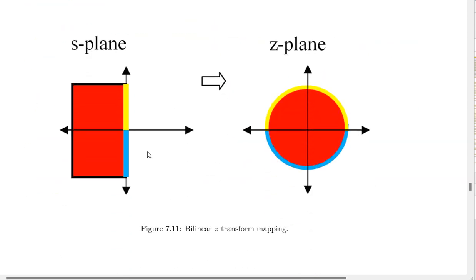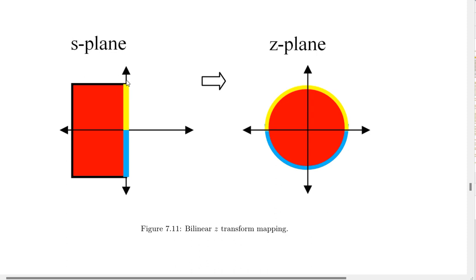Now this time everything is pretty good. The left side is mapped inside the unit circle, so a stable system will be mapped into a stable system. What about the right side? Just the white part will be mapped outside the unit circle. And what about here?